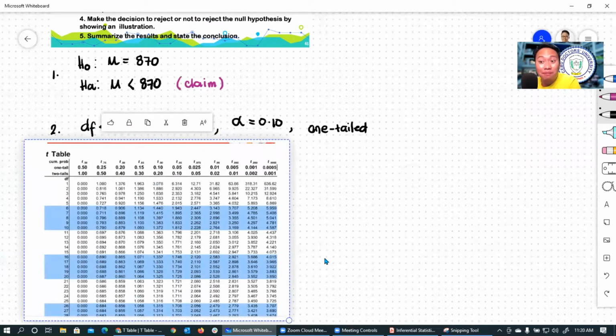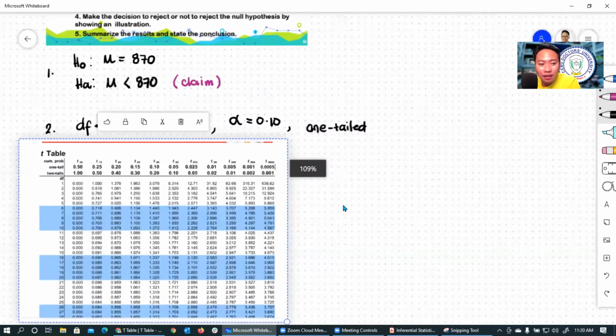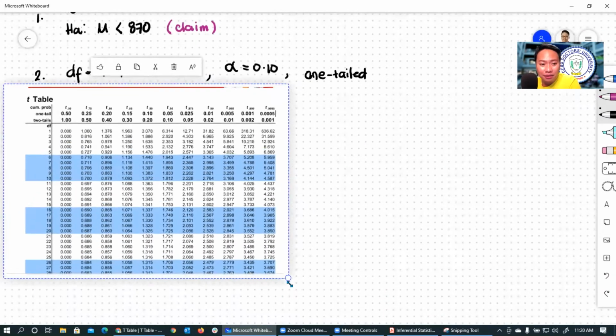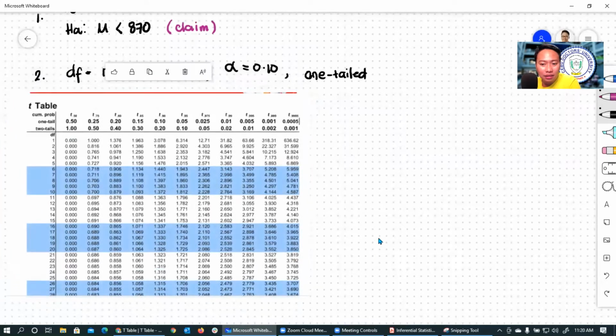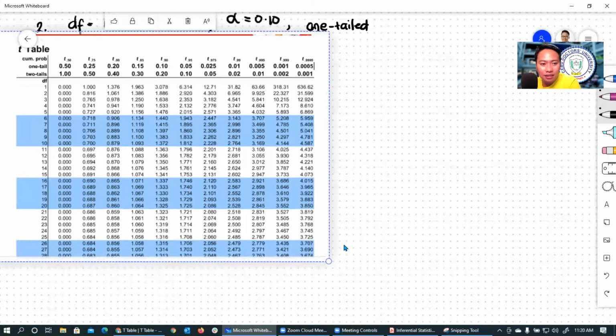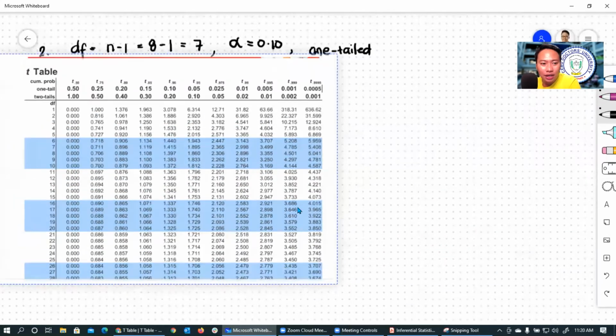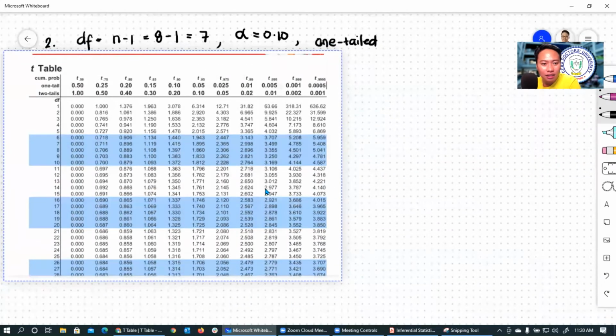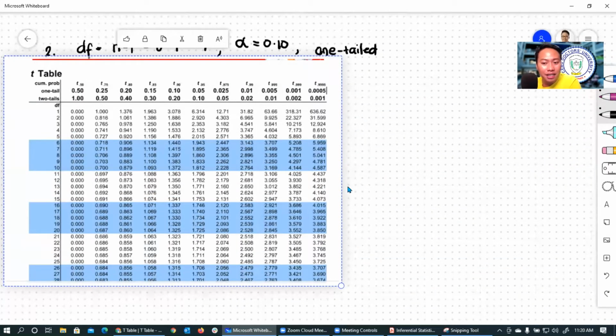Can you read the numbers on the table? How about that? It's a little bigger. I think you can read it now. What do you think, guys? Anyway, if you can't read it, just search on Google for the T table.